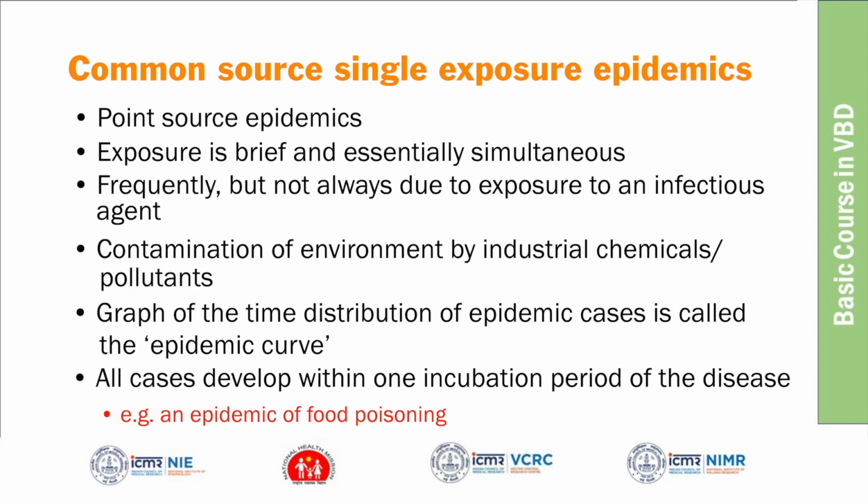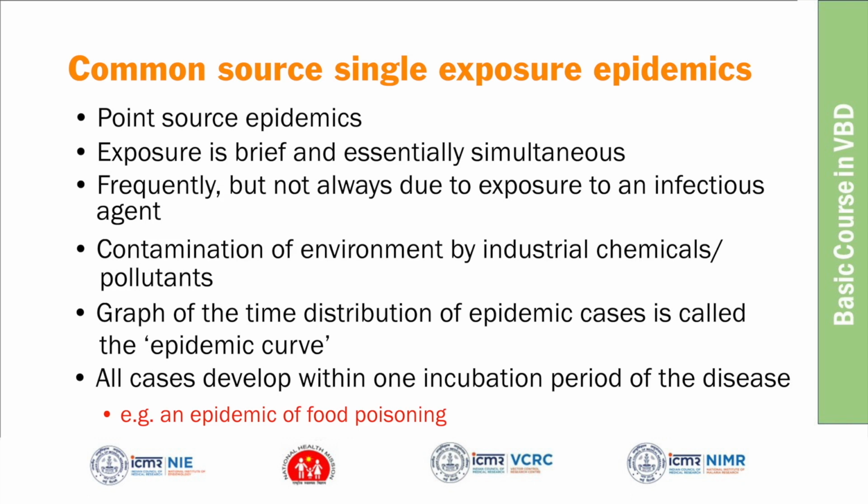So that is the point source. If they are getting some food poisoning by eating food which is served in that gathering, it is known as a point source epidemic. So here it is clear that the risk factor is a single exposure, and also the duration of the function or the event only, that is the exposure time.